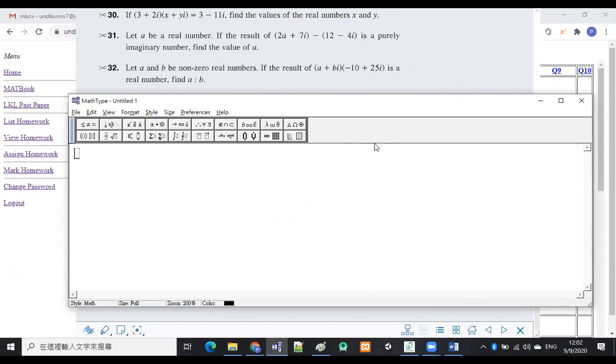If the result of (A plus Bi) times (-10 plus 25i) is a real number, okay? The result of (A plus Bi) times (-10 plus 25i).